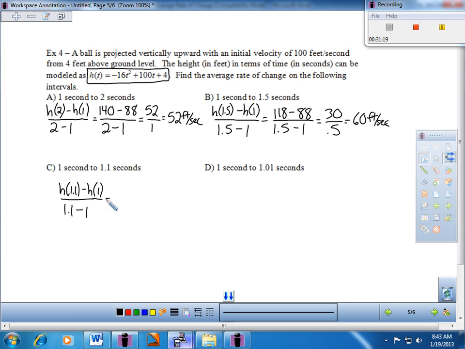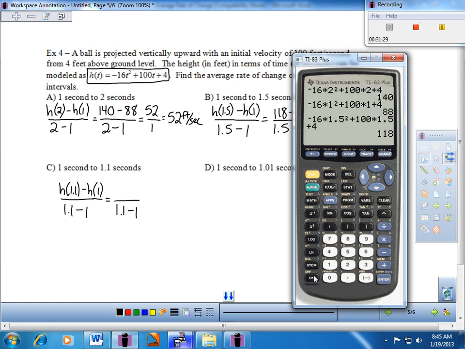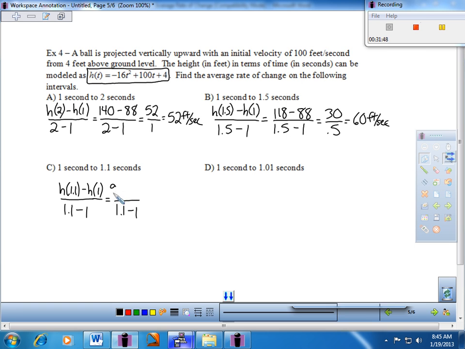You know, in this one, I'll go through it one more time all the way through. So 1.1 minus 1, I think that top left is the only thing that's missing. So why don't I go ahead and get that value, and then we'll go from there. So negative 16 times 1.1 squared plus 100 times 1.1, and then add the 4. And I get 94.64. That sounds great. So here's what I have, 94.64, again, minus the 88.